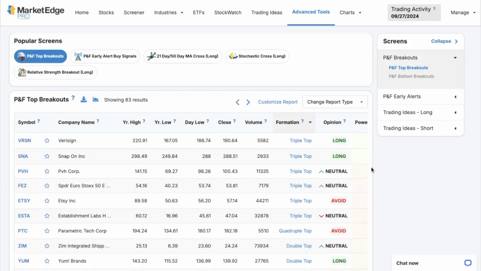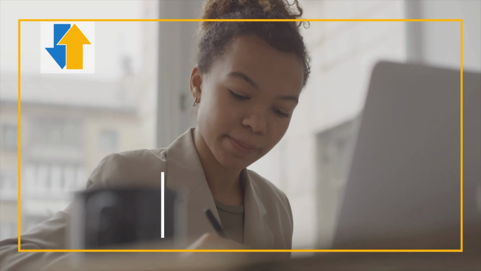Let me find one that's at an early alert, so I can buy something that's in an industry that's already breaking out with a bunch of stocks. So you're getting a laggard, but you're going to get something ahead of time that you can put your ticket in on, and when the breakout occurs, you're in.